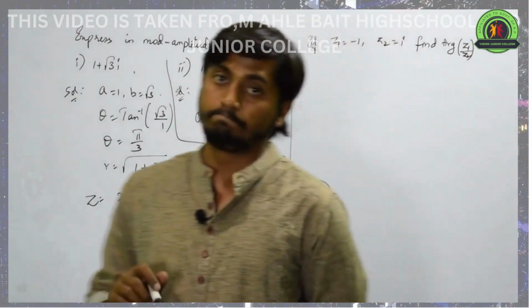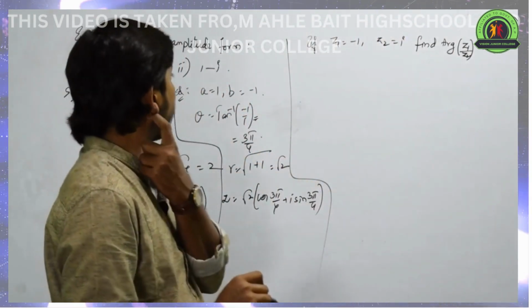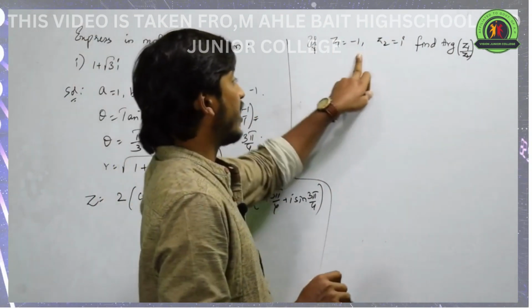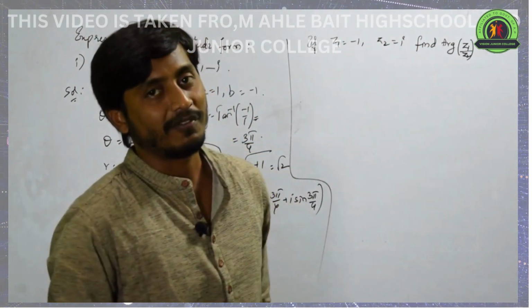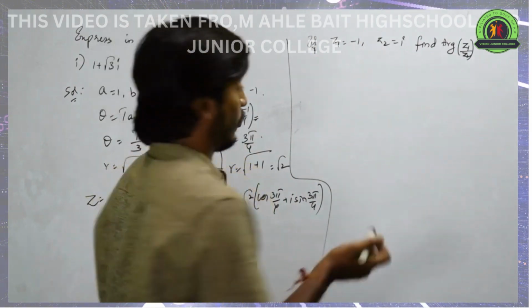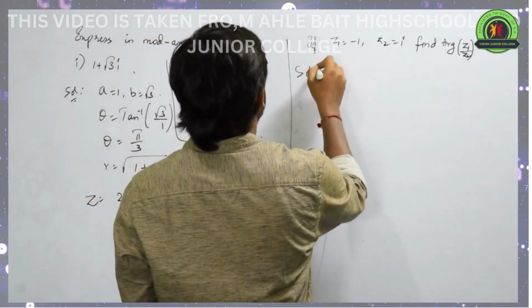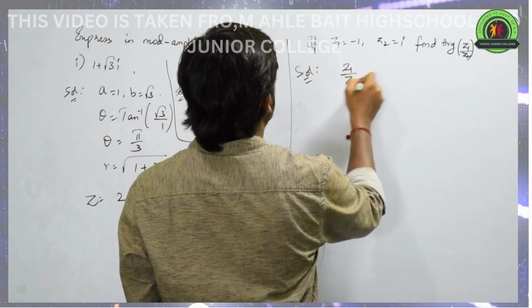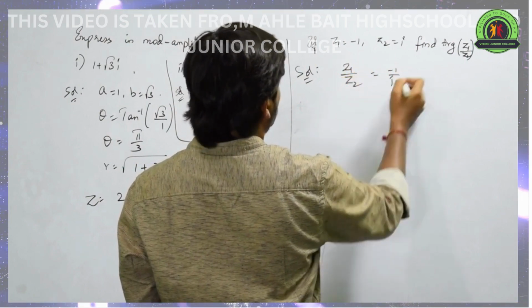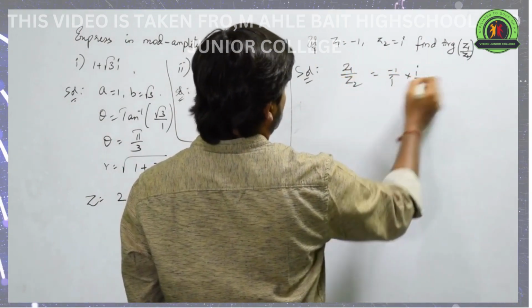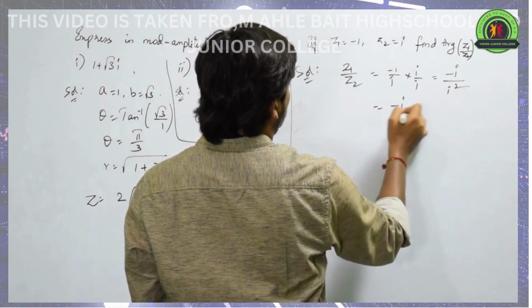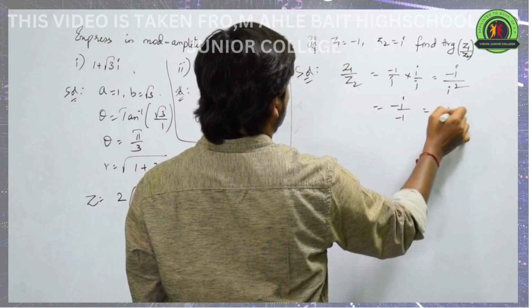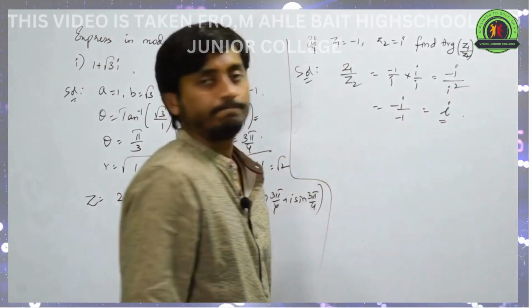Done? Fine. Look at the next question here. If z1 is minus 1 and z2 is i, find the argument of z1 by z2. How do we find it? First we have to find z1 by z2. So z1 by z2 is equal to minus 1 by i. We will rationalize it. I will get minus i by i square, that is minus i by minus 1, that is equal to just i.